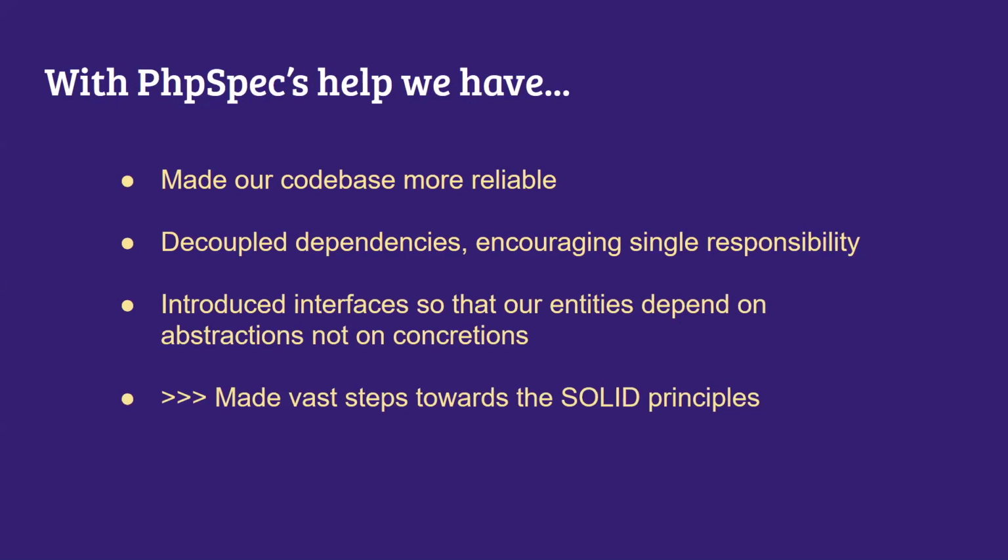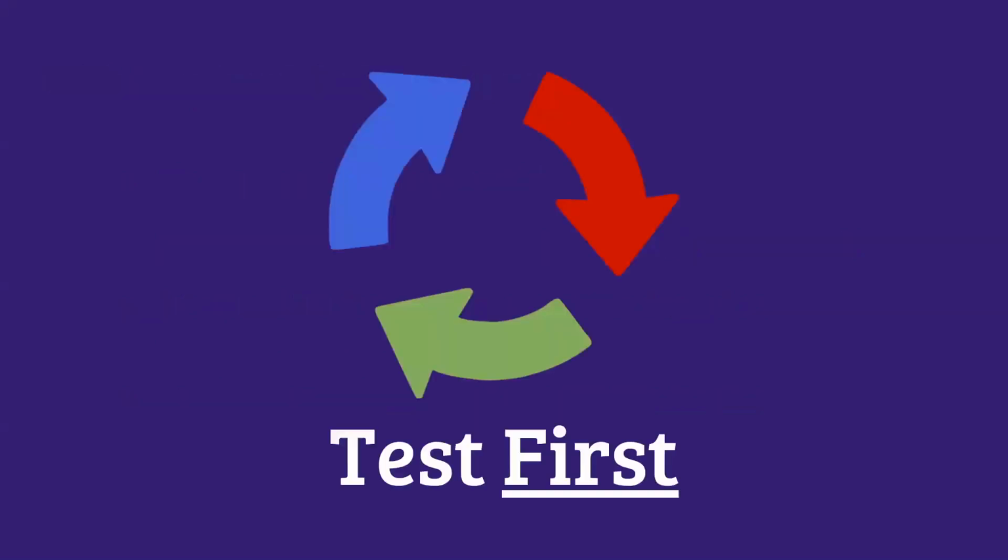So hopefully you can see that in just a few steps, we have improved the quality of our code, all to satisfy PhpSpec. And not only will PhpSpec help you architect your code, but it will also help you keep on the test first track with some cool inbuilt features that automatically create files, methods, and interfaces.